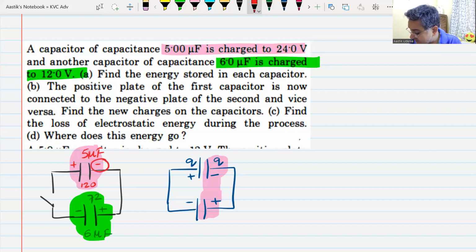This is minus and this is plus. So the total charge on these two plates is minus 48. Out of this minus 48, minus Q has come here.